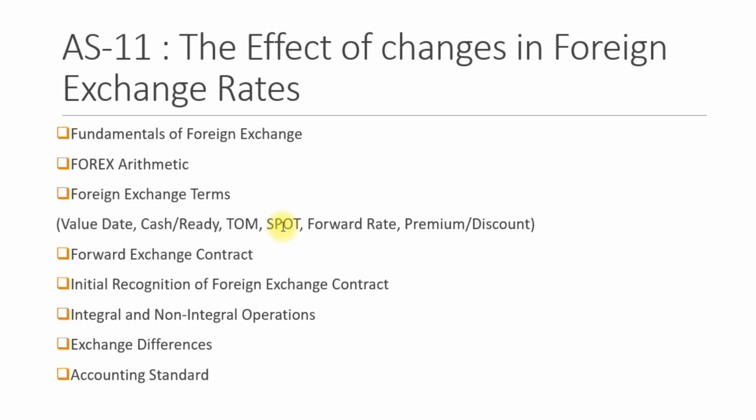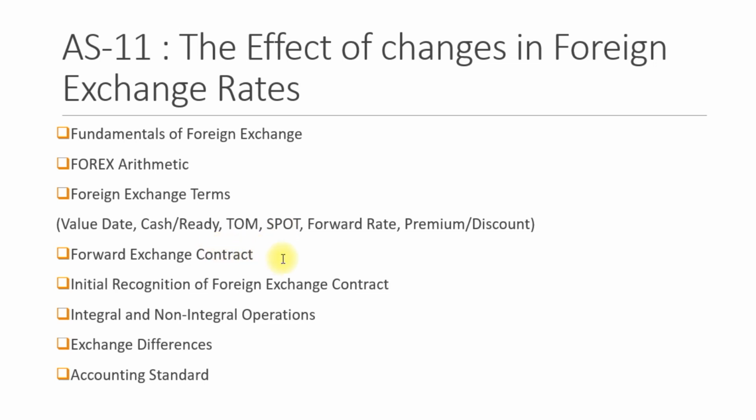Any rate which applies after that is a forward rate. Now, what is premium or discount? When the currency is valued more, or is costlier, for a value date in the future, it is said to be at a premium. Otherwise, it is said to be at a discount.